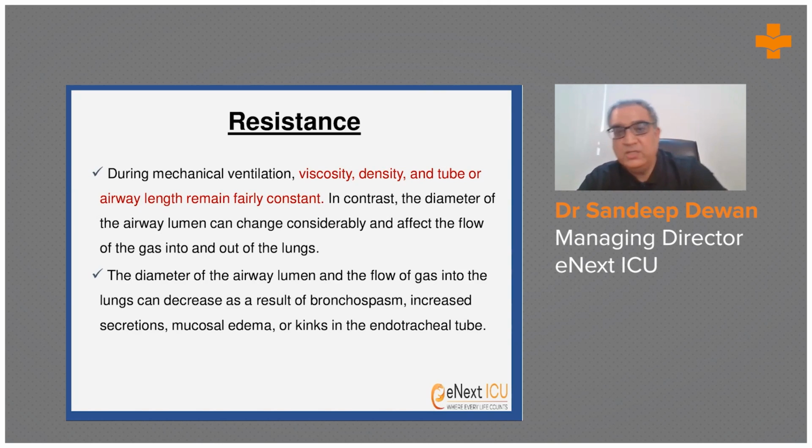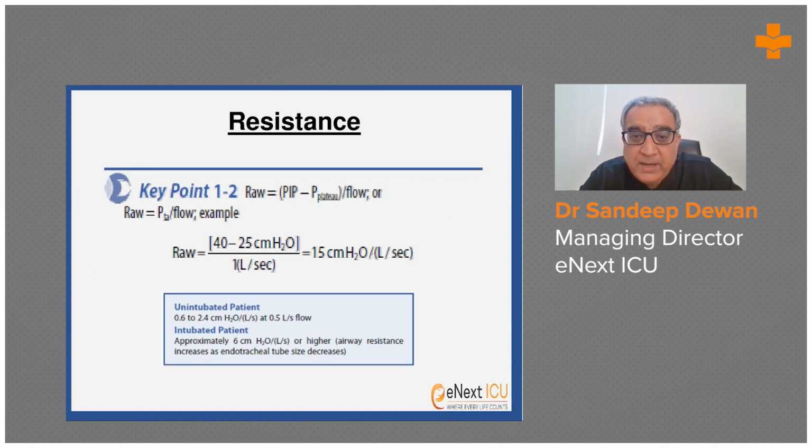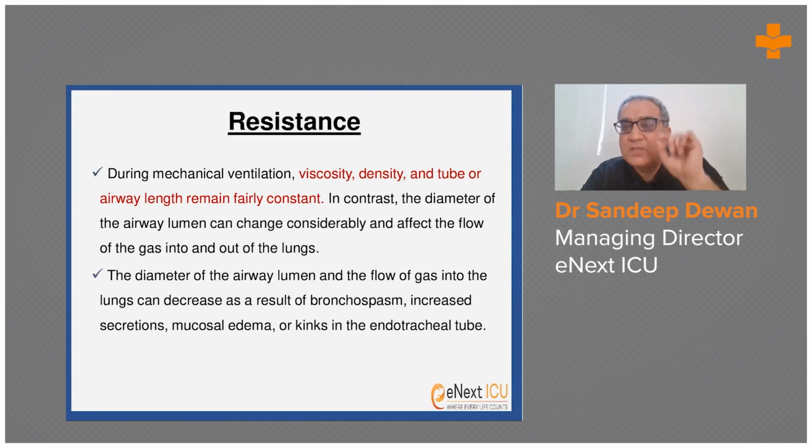Now, during ventilation, there are various factors which determine resistance: viscosity, density, endotracheal tube or airway length. The resistance depends on these factors as given by an equation. The viscosity of the air doesn't change.